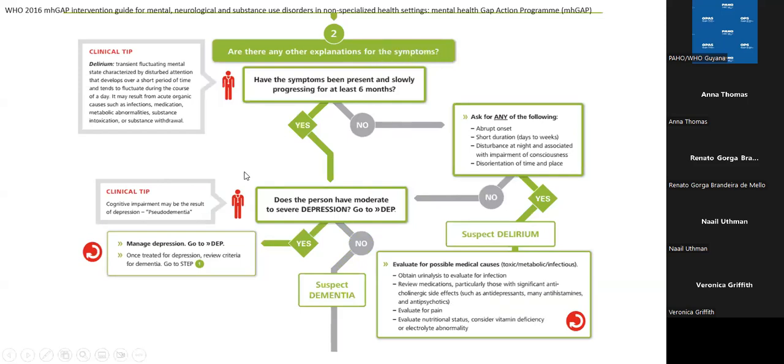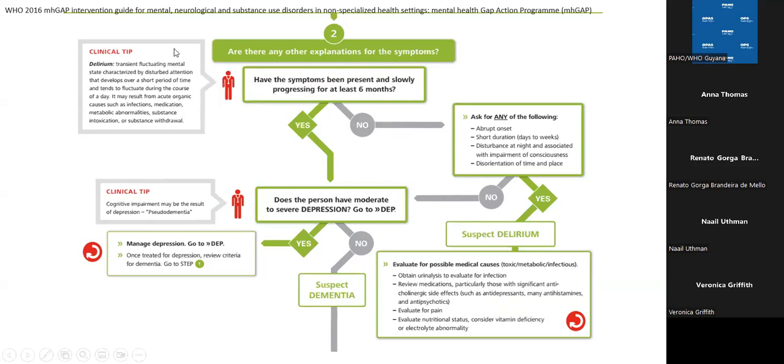Here is an important topic, because delirium must be excluded as the cause, and maybe other clinical conditions like hypothyroidism and vitamin deficiency and other infectious diseases like syphilis or HIV.